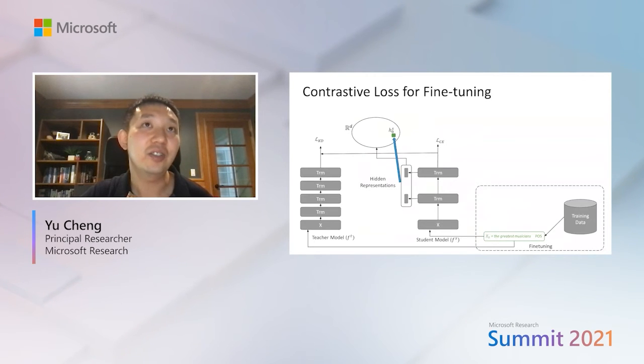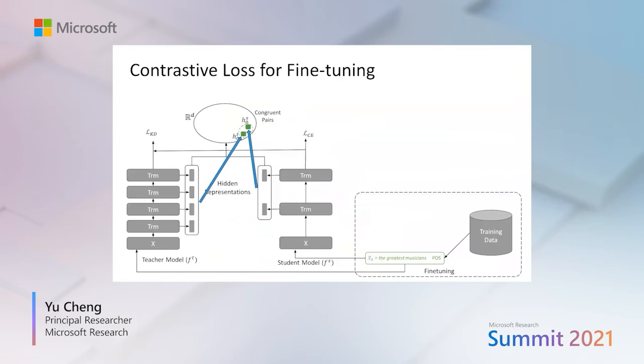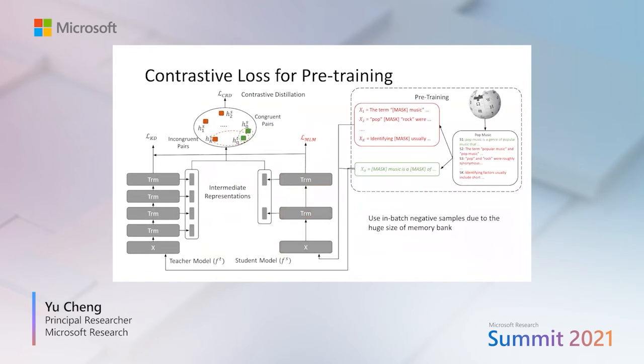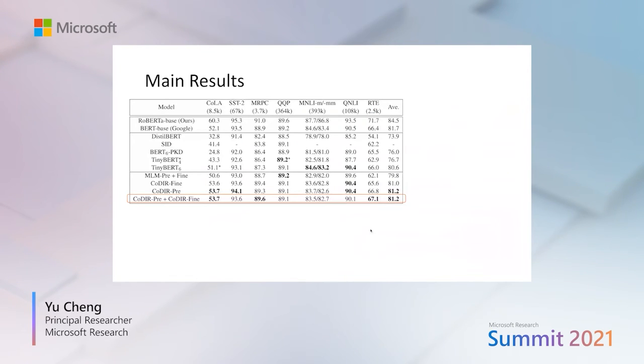Instead, in CoDIR, we use a contrastive loss to match the intermediate layers of the teacher and student models, using an objective like InfoNCE loss.